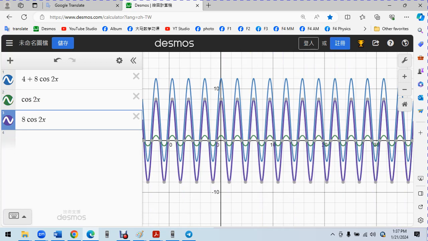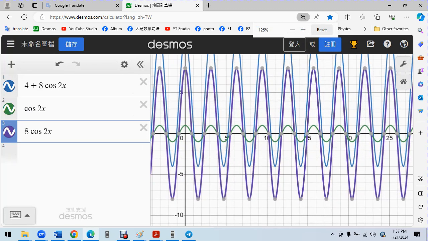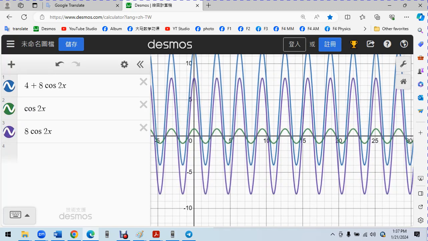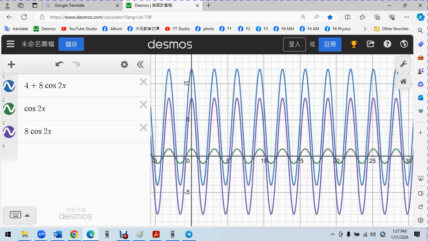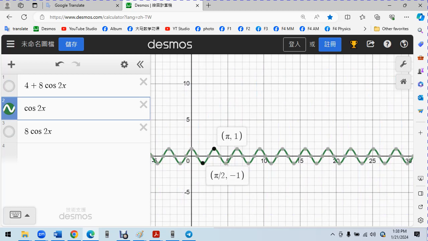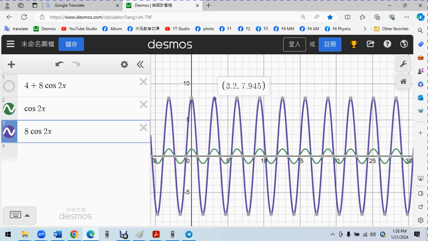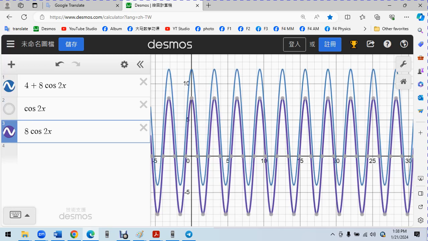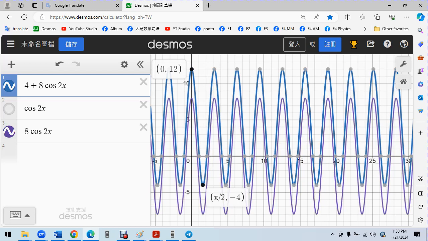We can see that at first cos 2x is between 1 and -1. Multiply with 8, then it's between 8 and -8. Plus 4, that means this one moved upward 4 units, so 12 and -4.